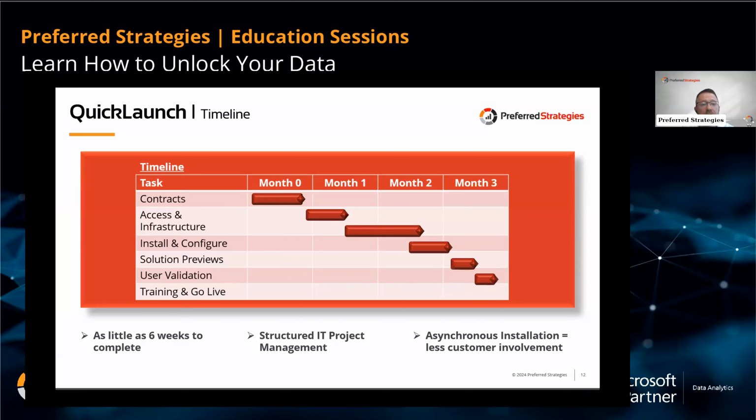The first step in the process, which I know is everyone's favorite, is the contract cycle. But after we wrap this up, we get to the fun stuff. There are 5 main steps to get QuickLaunch for OneStream up and running. We start with access and infrastructure, when you will procure and install the Power BI connector from OneStream.